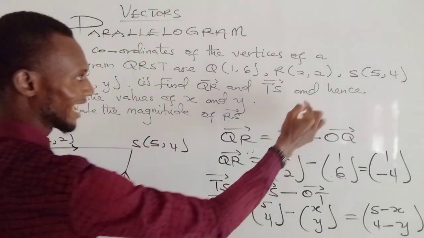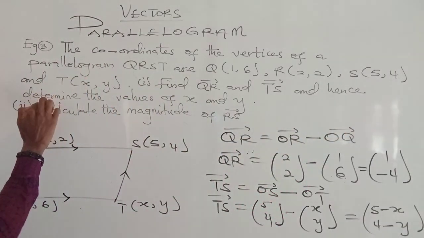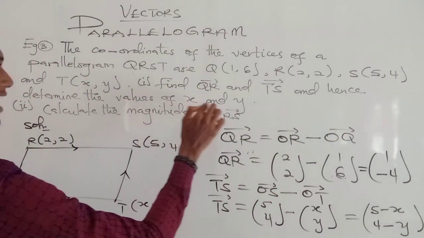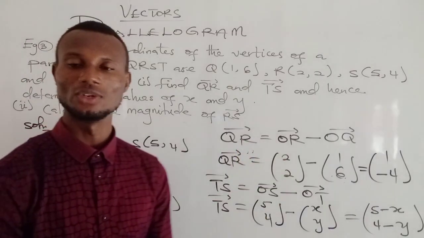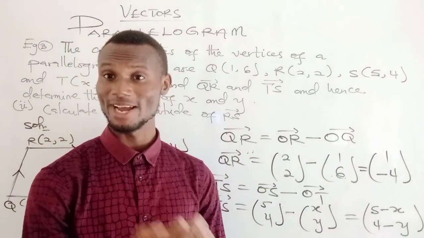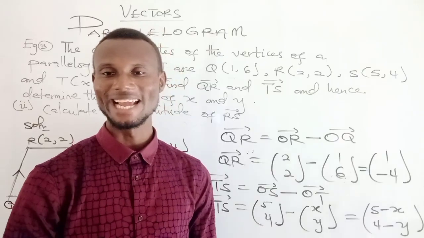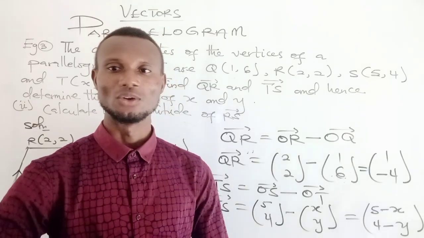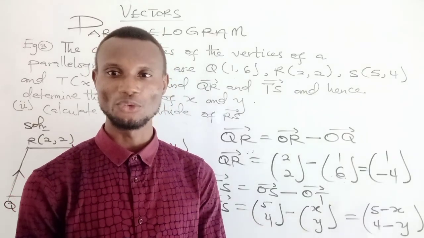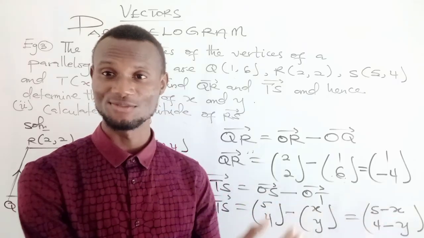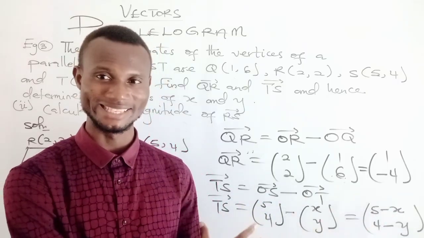Now the next part says, and hence determine the values of S and Y. So now we are being asked to find the values of S and Y. This is where the vector law that governs the parallelogram that we learned in the previous videos, we are going to apply it here.